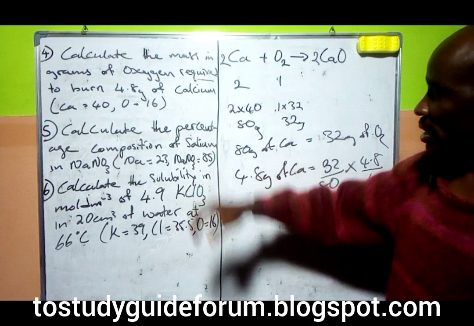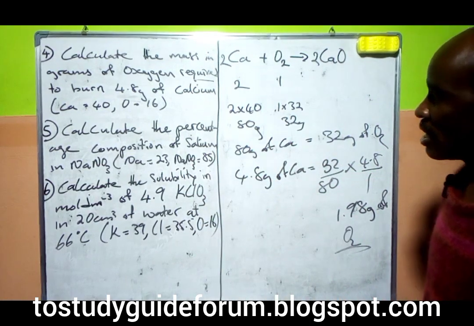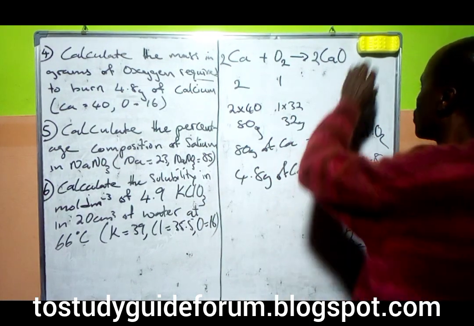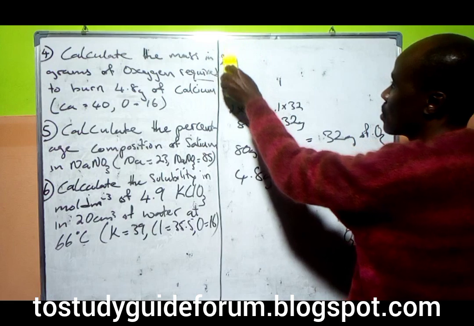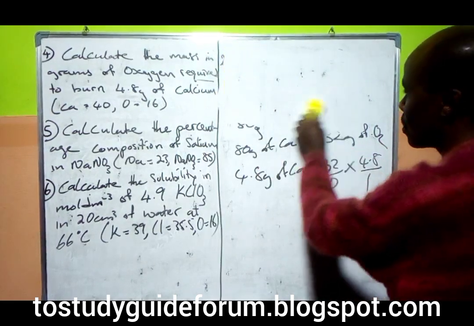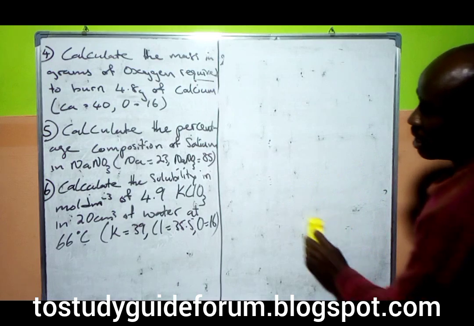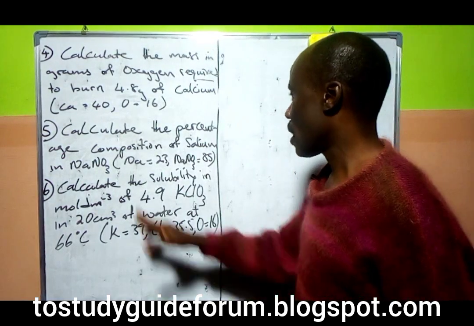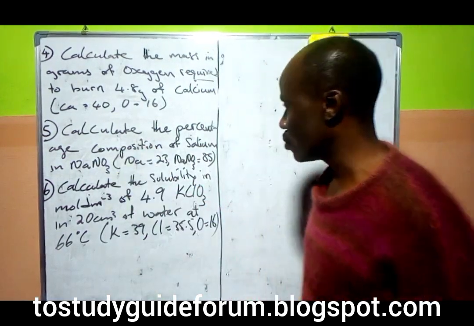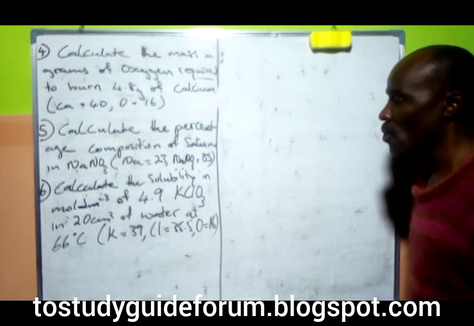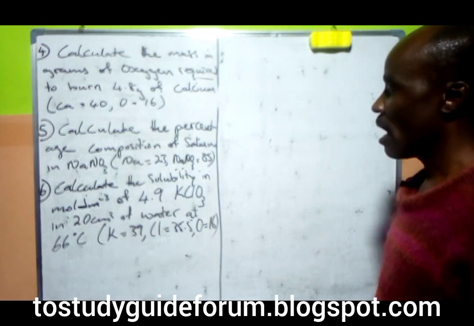Now let's go down to the next one. Here, the next one is: calculate the percentage composition of sodium in sodium trioxonitrate(V).